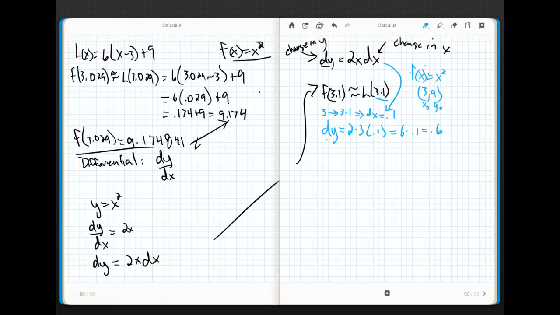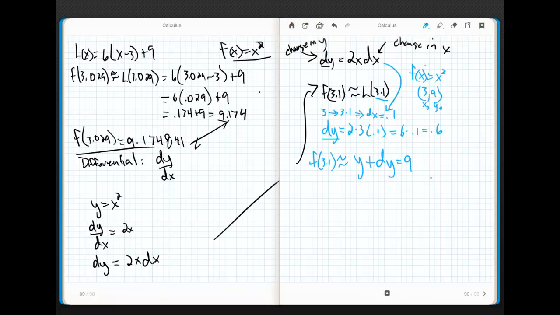Now, that is my change in y. That's my change in y. Now, what do I do with that? Well, if I want to figure out what f of 3.1 is approximately equal to, I just take my y value and I add it to my change in y. Doesn't that make sense? If you start with your y and you add your change, that's your new value.